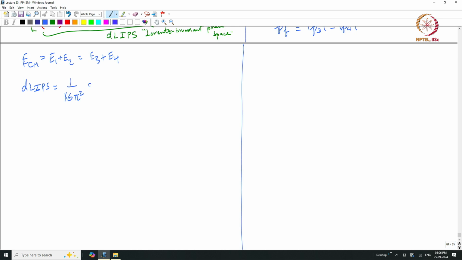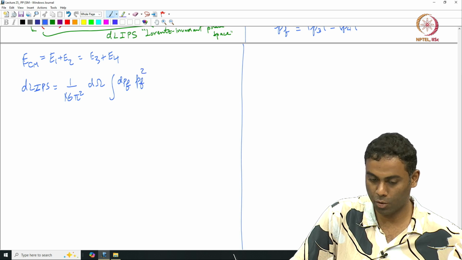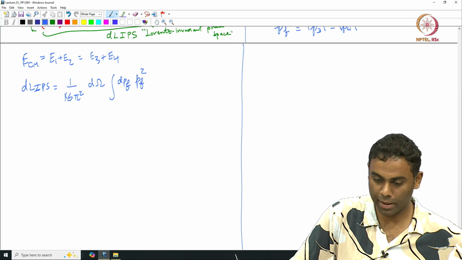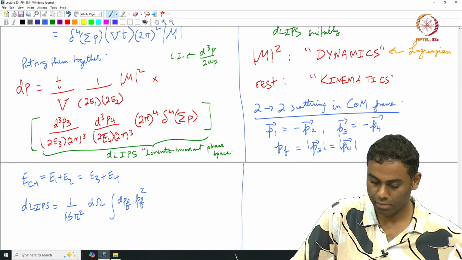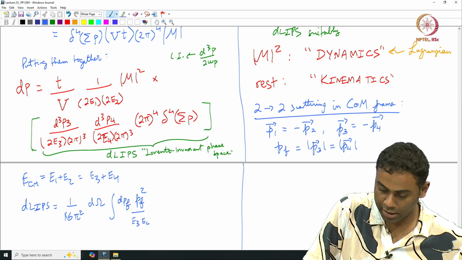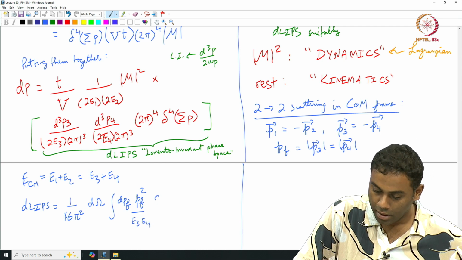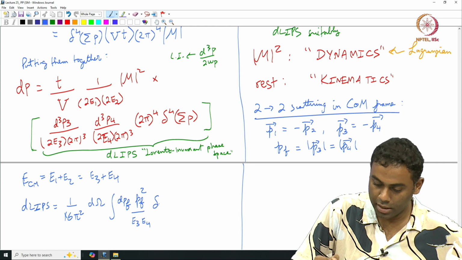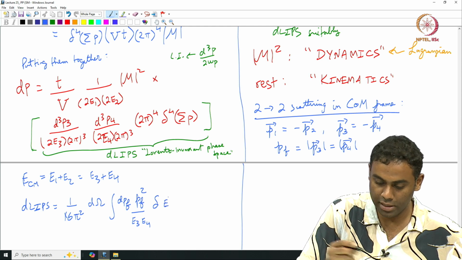On top of that I can pull out an angular integral, and I am left with the integration over 1 momentum out here, okay. And then I still have the E3, E4 in the denominator. What I have done is integrated over, so there is a P3 and a P4, right.